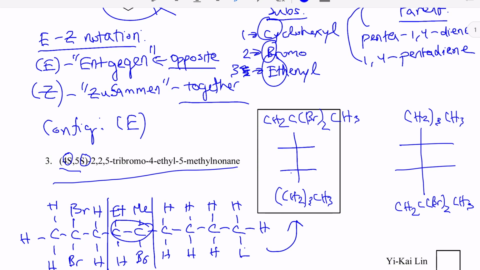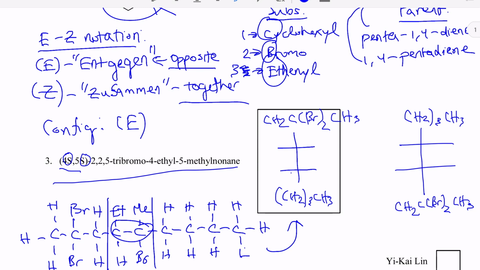I haven't put them yet because that ties into our discussion of determining the configuration, or writing out the Fischer projection in a way that gives us an S configuration at each one of those stereocenters. So let's start off with the stereocenter corresponding to carbon 4.